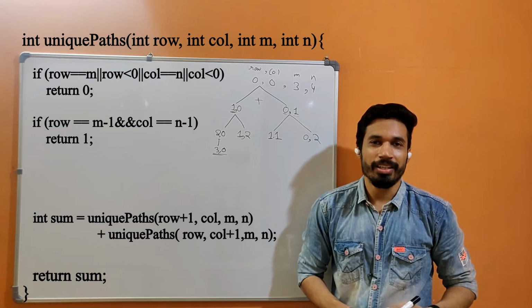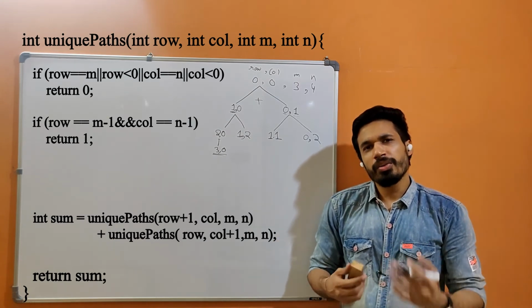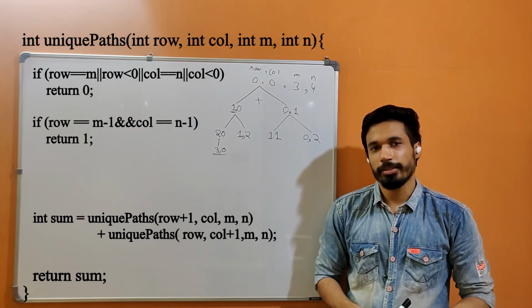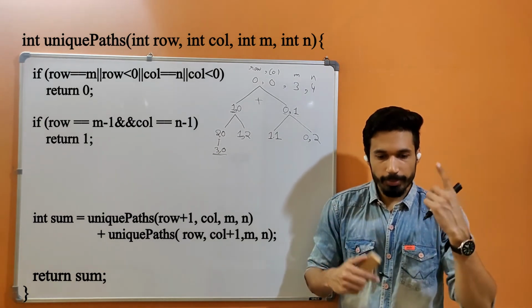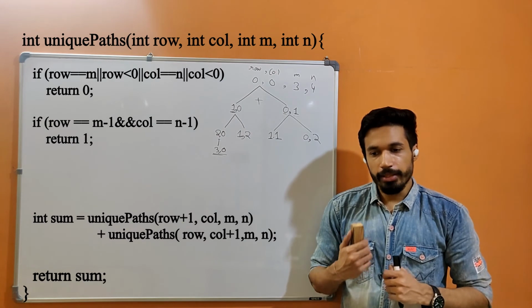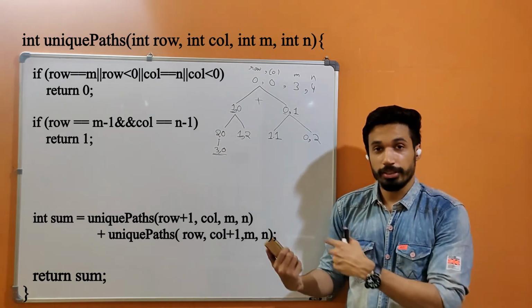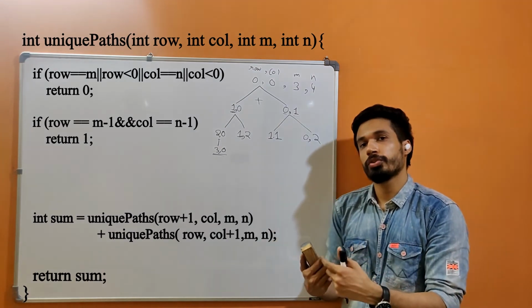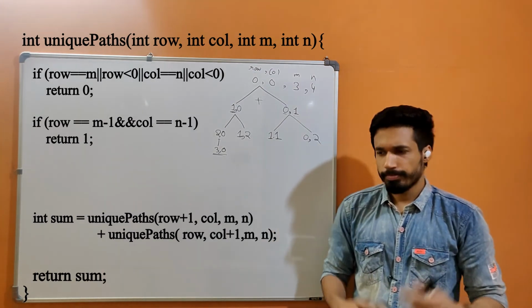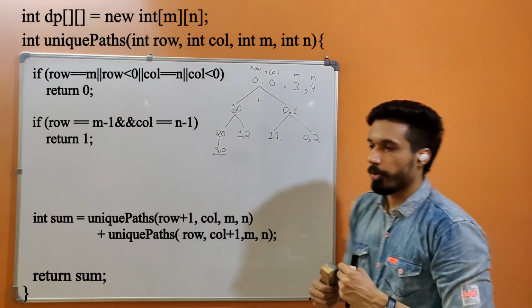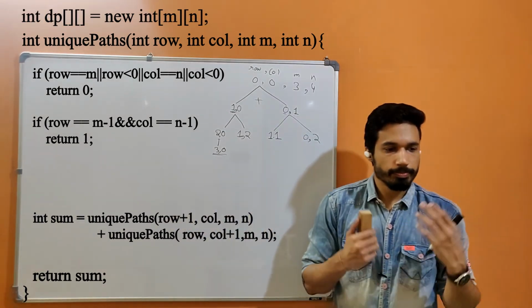All right, now we need to convert this solution into the dynamic programming solution. For the dynamic programming solution, we need one more matrix, as we discussed, one 2D matrix where we want to store our outputs, right? So let's define it.